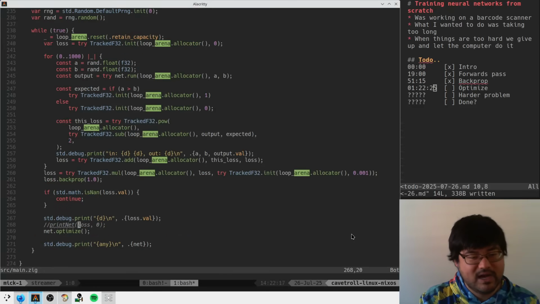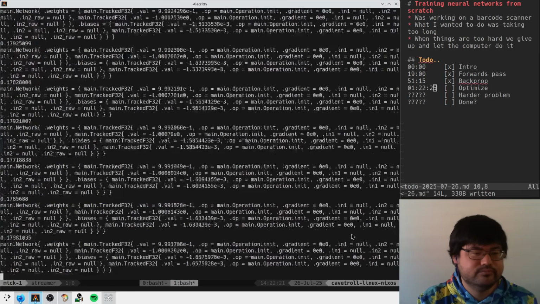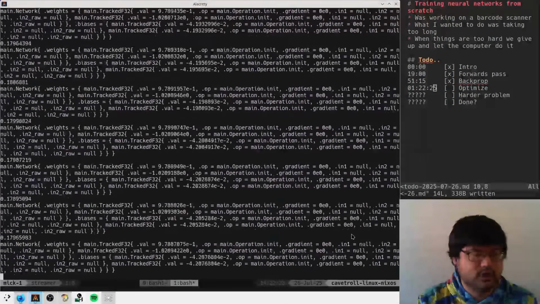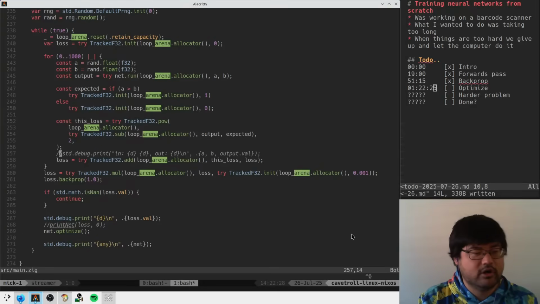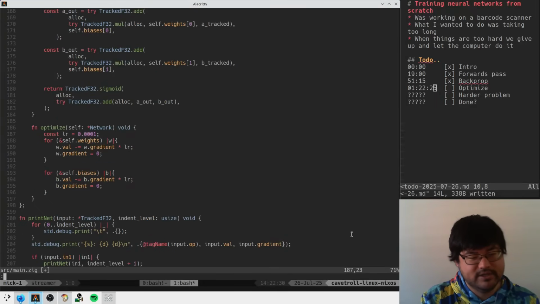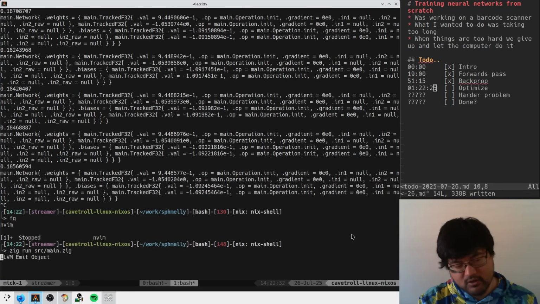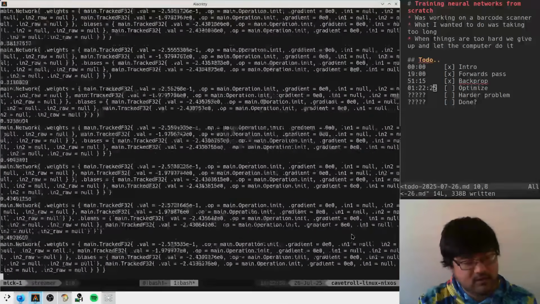Okay. Wait. Does that fix the problem? Okay, learning rate maybe is too low now because our gradients are way smaller now than they used to be.